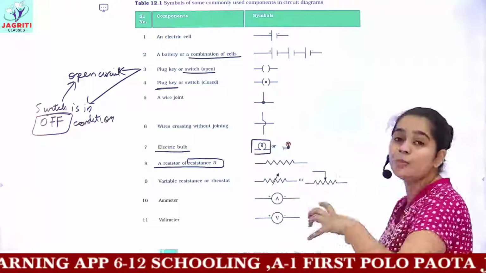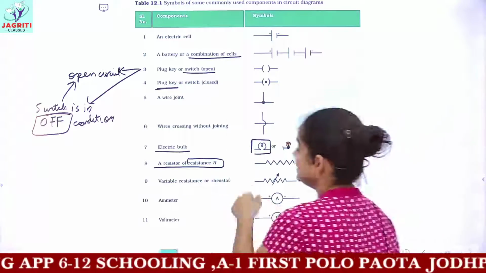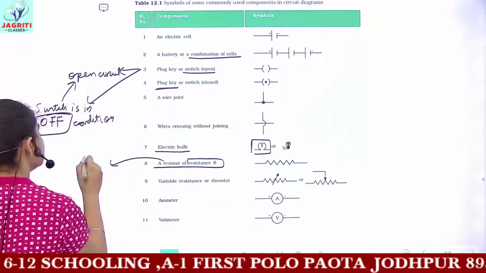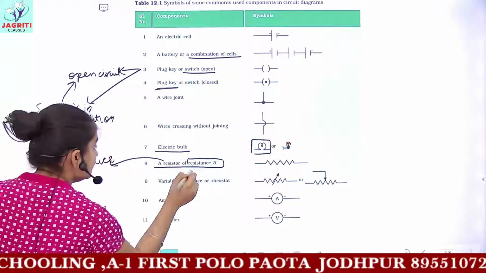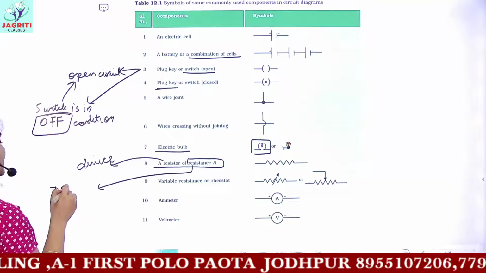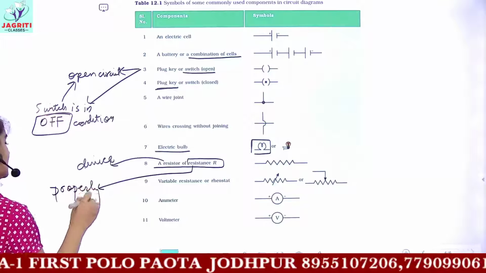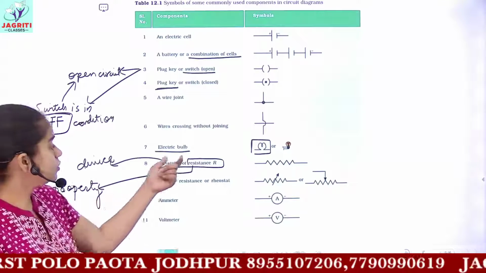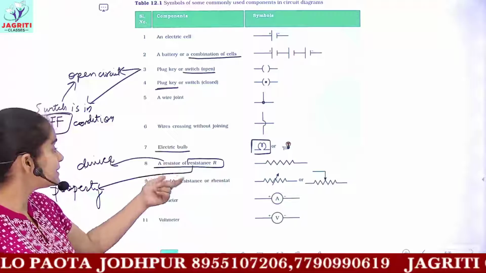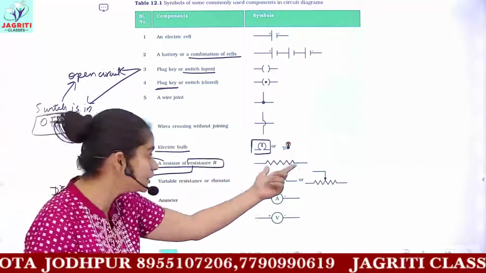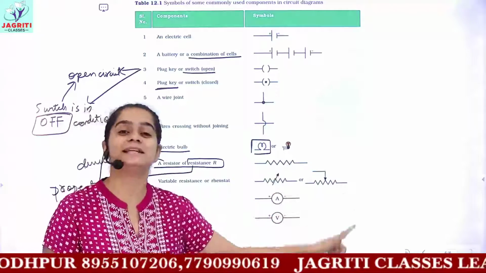And how much resistance it has? Resistor is the device, and resistance is a property of the resistor. Okay, remember this. So a resistor having a resistance R is denoted by this symbol having many zigzag lines.